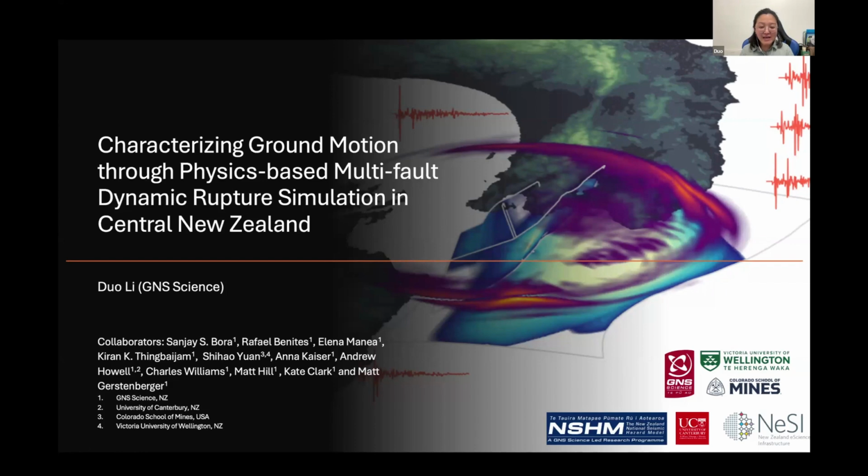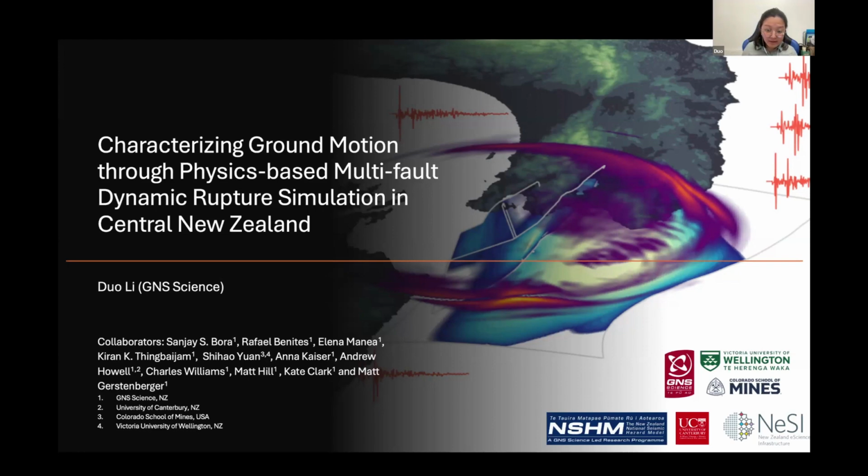I work at GNS Science, and I'm a seismologist. Since I joined GNS in 2023, I mainly use numerical method techniques to investigate the underlying physics of multi-fault rupture and how it can influence the ground motion on the surface.